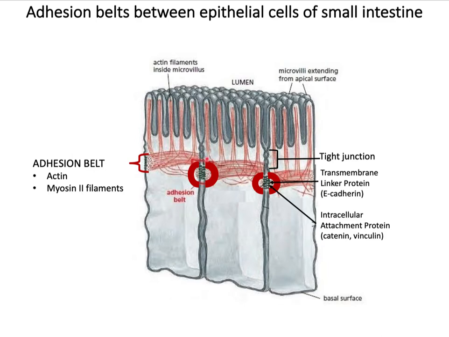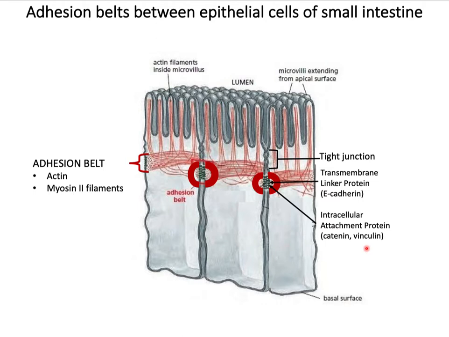Again, these are called adhesion belts. In this case, the transmembrane linker protein is a protein known as E-cadherin. Connecting the cadherin to the actin are a wide variety of intracellular attachment proteins or plaques. Some examples of these are catenin and vinculin.